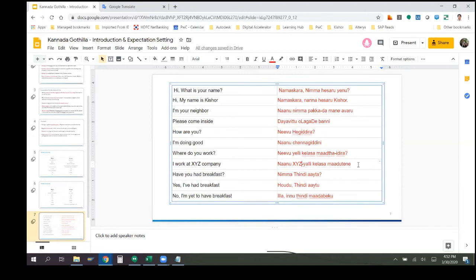What is Kelasa? Kelasa is work. See, how are you is ನೀವು ಹೇಗಿದ್ದೀರಾ, right? Do people also say ಹೇಗಿದ್ದೀಯಾ, or is it always ಹೇಗಿದ್ದೀರಾ? If I am asking you, I would say ಹೇಗಿದ್ದೀರಾ. If you are asking me, you could ask ಹೇಗಿದ್ದೀಯಾ or ಹೇಗಿದ್ದೀರಾ.